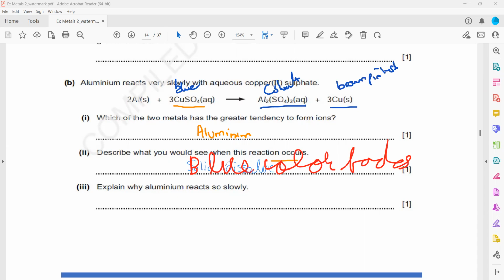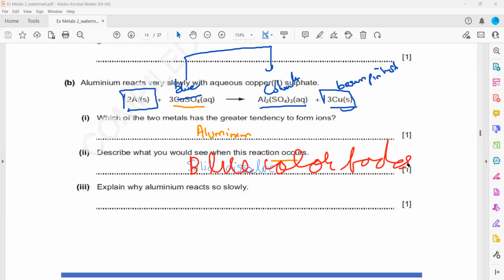So what is the observation? What will happen? The blue colour will disappear, because copper(II) sulfate is blue and aluminium sulfate is colourless. That is one thing. Saying solid dissolves is not 100% correct. Why is it not 100% correct? Because here one solid is dissolved and another solid is formed.